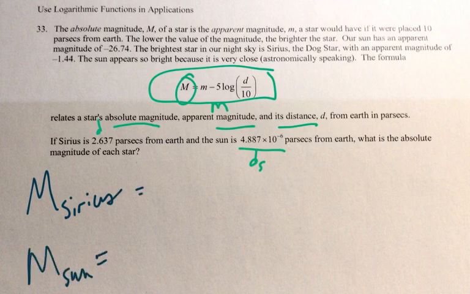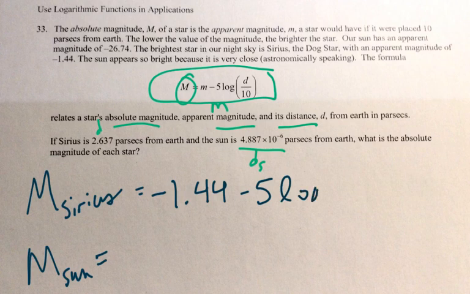So we're just going to substitute in the values, very carefully, put it into our scientific calculators, and get the result. For Sirius, it's going to be negative 1.44 minus 5 log. And remember, log is base 10.